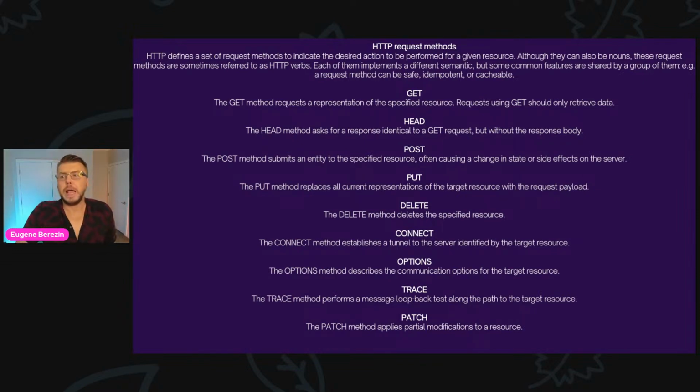In my experience, the two major HTTP methods you're going to use are get and post, but you have to work with your backend developers to see what methods they provide.